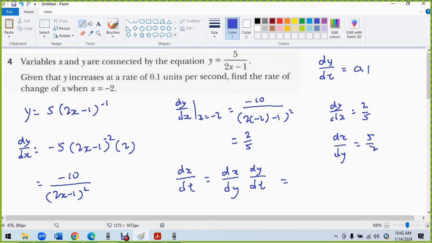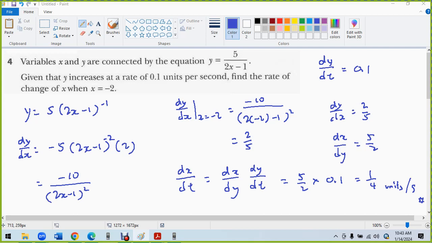So this is negative 5 over 2 multiplied with 0.1. So 1 over 10, so it's 0.5 over 2, that is negative 1 over 4 unit per second.